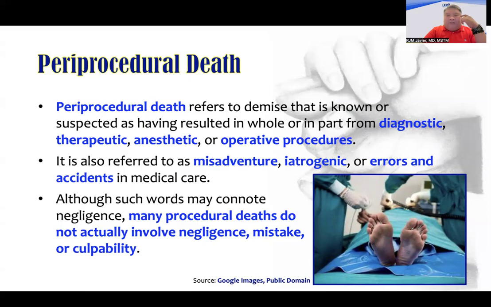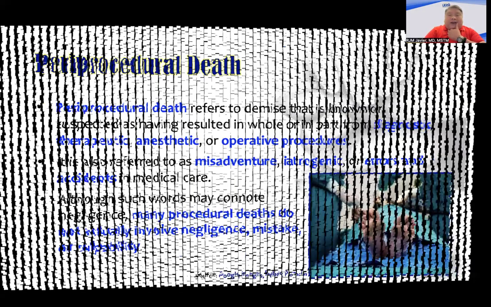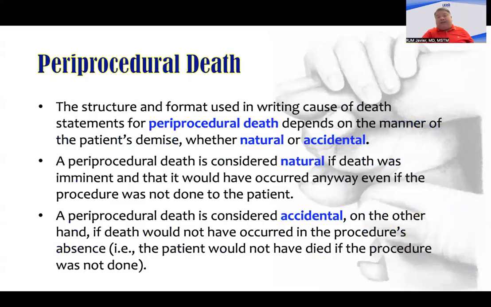So let's say there could be what we refer to as your misadventure or your iatrogenic errors or accidents, but sometimes there could be procedural deaths that do not actually involve negligence, mistake, or culpability. What are these? So, for example, a peri-procedural death could be referred to as natural or accidental. When I say the peri-procedural death is natural, the death was imminent and it would have occurred anyway, even if the procedure was not done to the patient.